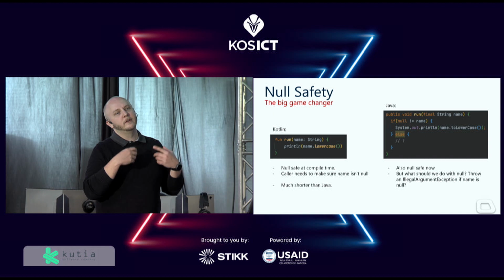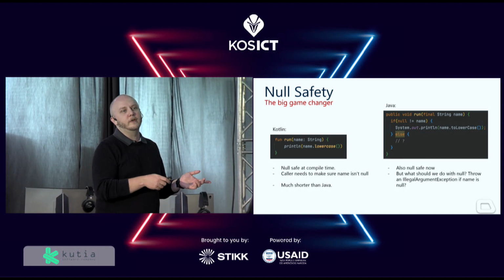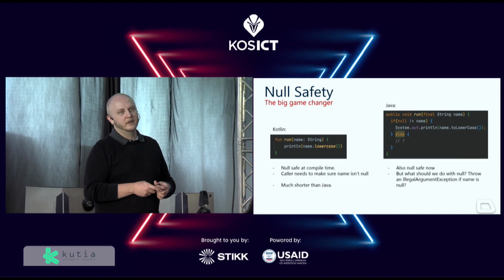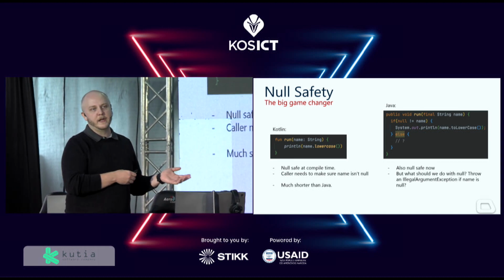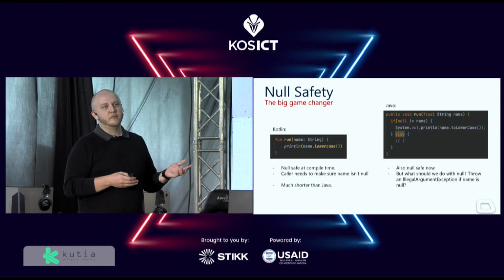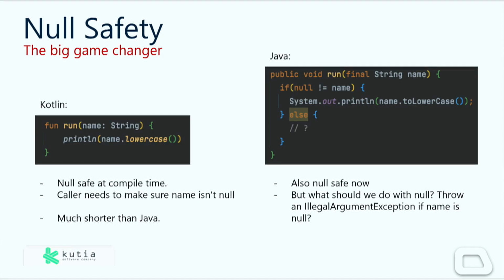So in this case, it just prevents you from sending null to the method at all. So the user of the method has to decide what should happen with null. So the outcome is the same, but nobody can forget to handle the exception. And just count the lines, of course, the code is much easier to read and much shorter.